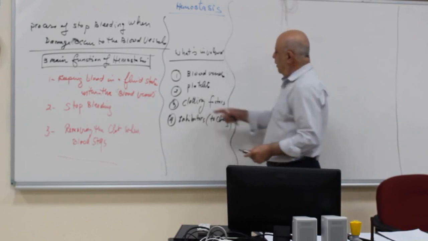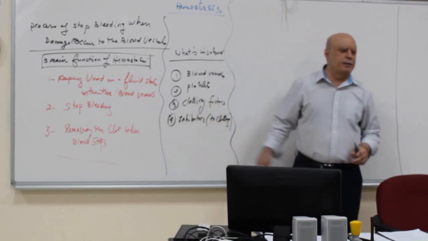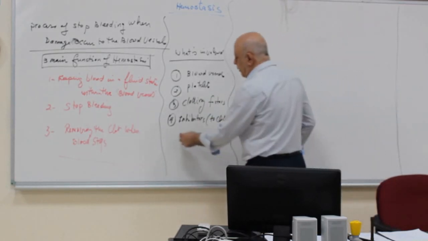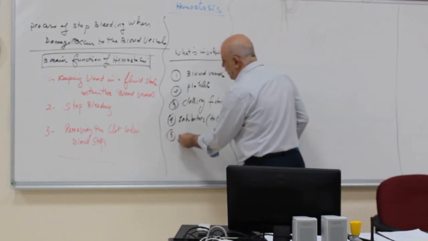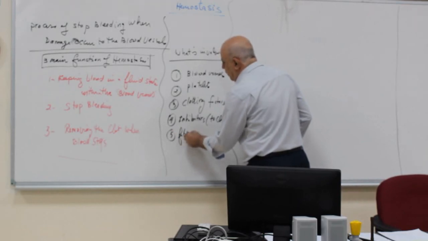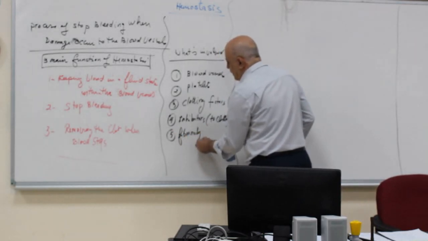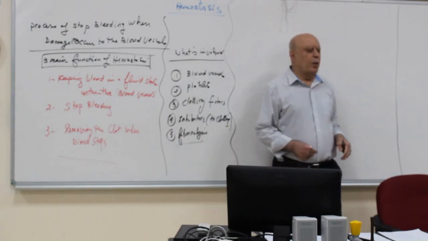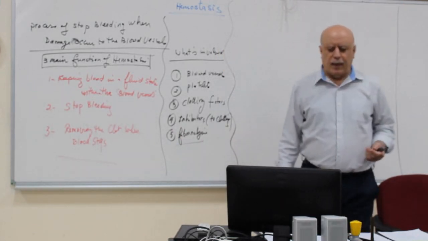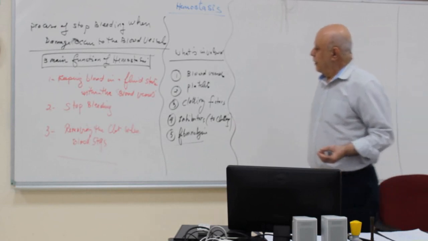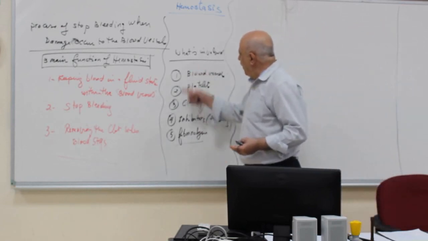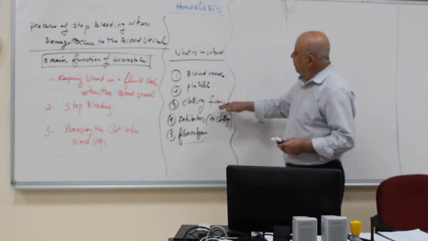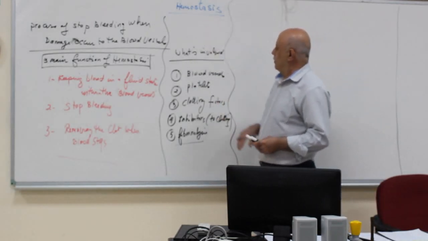And you might say, well, we need it to clot and we need to inhibit it. Yeah, we have to inhibit it, and I'll tell you why. Fifth, a process called fibrinolysis, meaning removing the clot when the bleeding stops and everything goes back to normal. These five are involved in hemostasis.